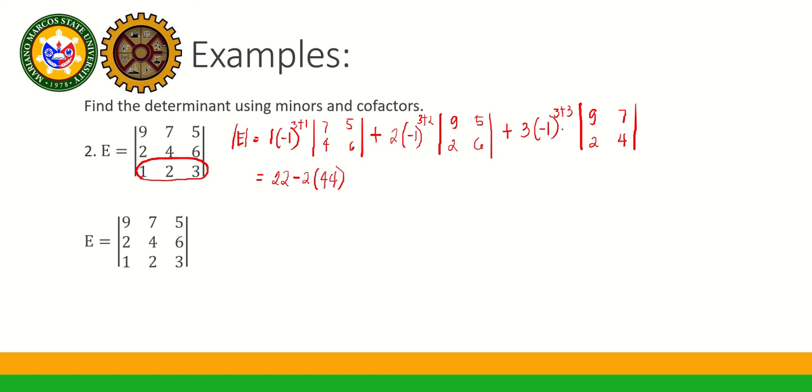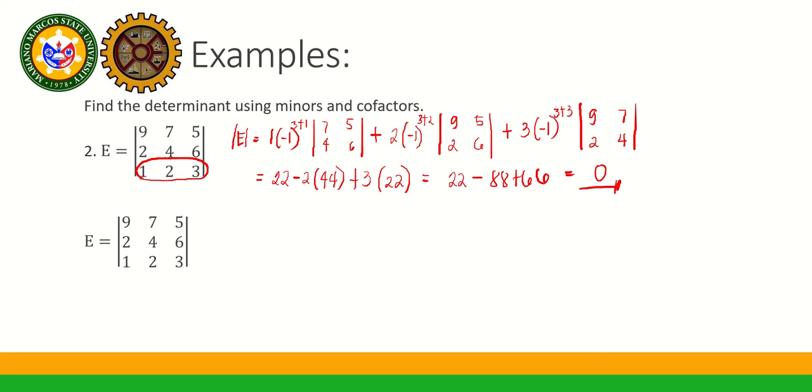Tapos, dito naman, negative 1 raised to 6 is positive 1. So, plus 3 tayo dito. And then, the determinant of the matrix 9, 7, 2, 4 is equal to 22. Okay? So, simplifying this one, this will be equal to 22 minus 88 plus 66. And this will be equal to 0. Which is the same sa nakuha natin when we used the diagonal scheme method.